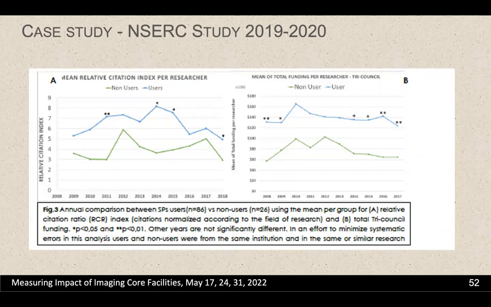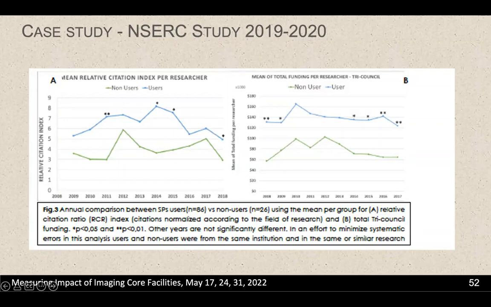Based on PI names, there were 86 who were users of scientific platforms and 26 who were non-users. We compared in blue the ones using the platform, and in green the ones not using them, and showed that the mean relative citation index per researcher was much higher, and statistically significant in some years, for the user group versus the non-user group.